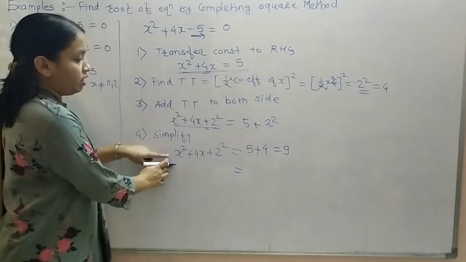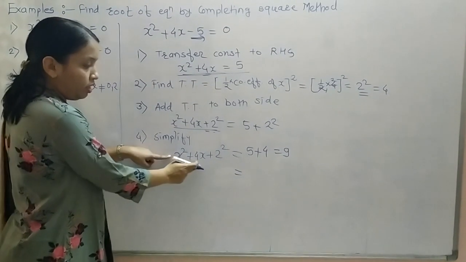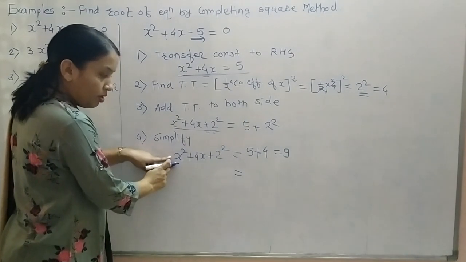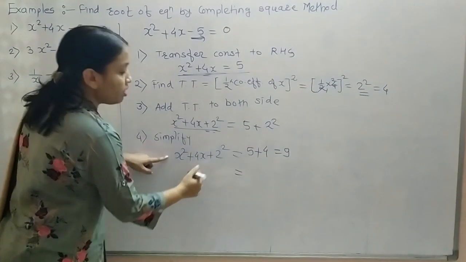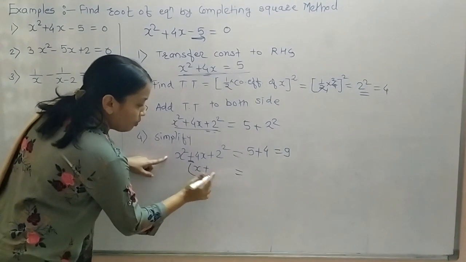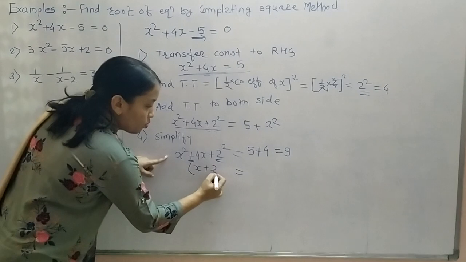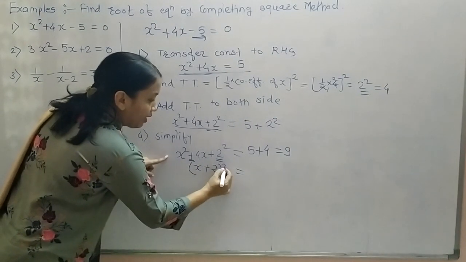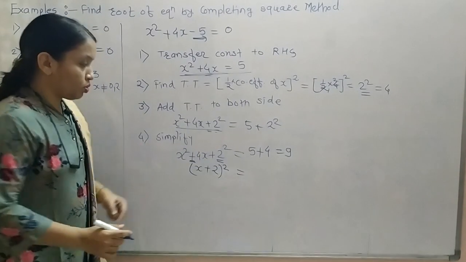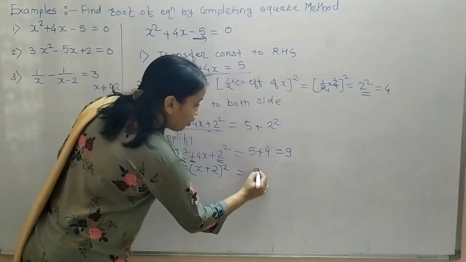And if you observe, this is the first term squared, here is twice the first and last term, and here is the last term squared, meaning a square plus 2ab plus b square. So it is the identity: x is the first term, the sign is plus, and the second term is 2. Therefore (x plus 2) whole square. This is the identity (a plus b) whole square. And here it is equal to 9.